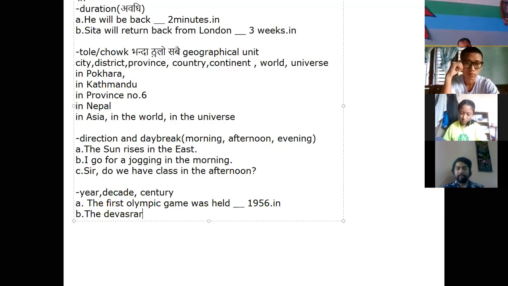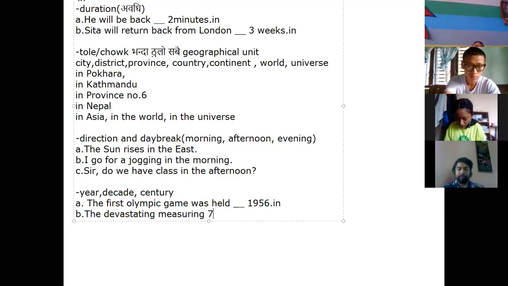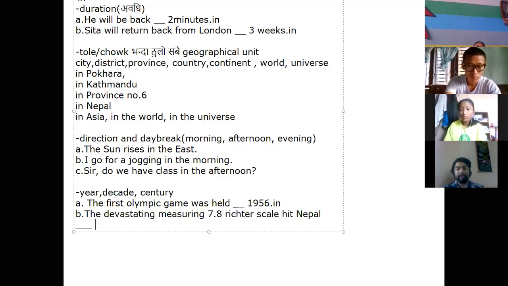The devastating earthquake measuring 7.8 on the Richter scale hit Nepal in 2015 AD, which is 2072 BS, right?